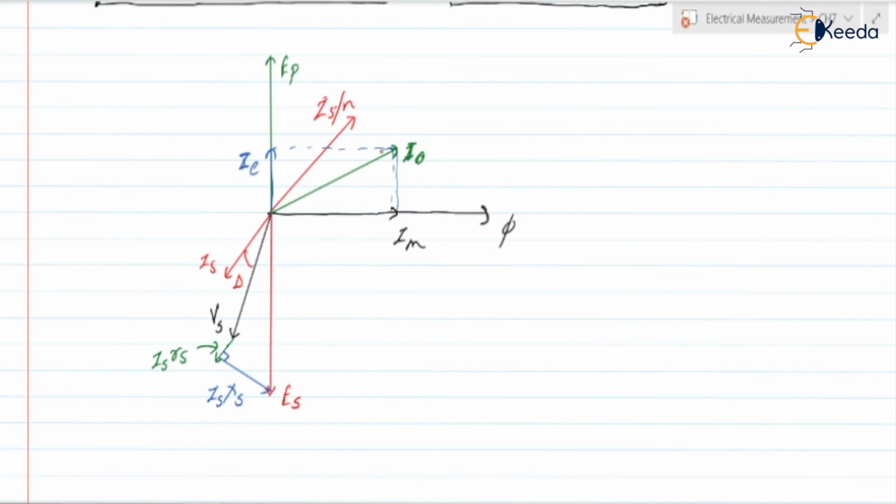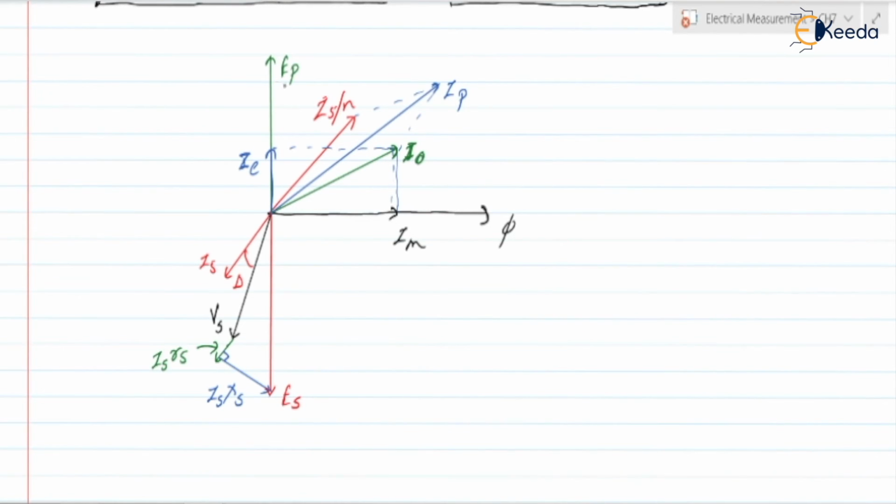Phasor addition of these two is nothing but IP. So this is the IP phasor. Are you getting the point?